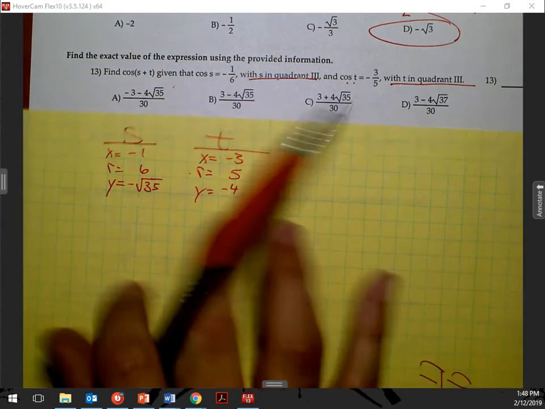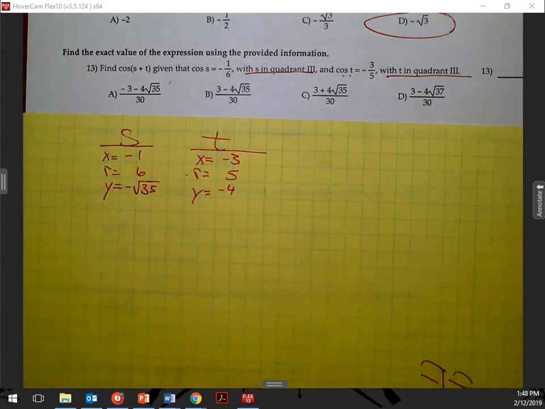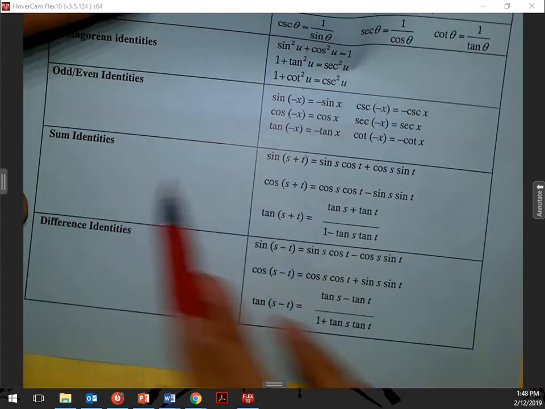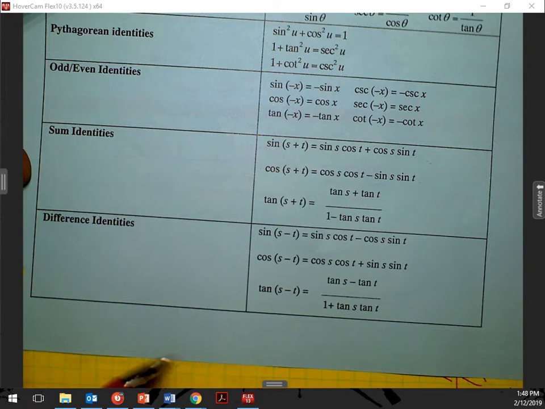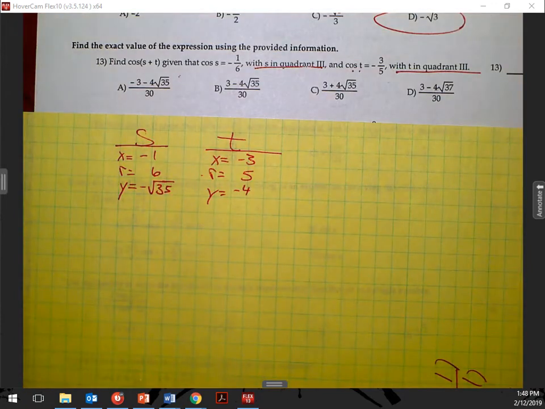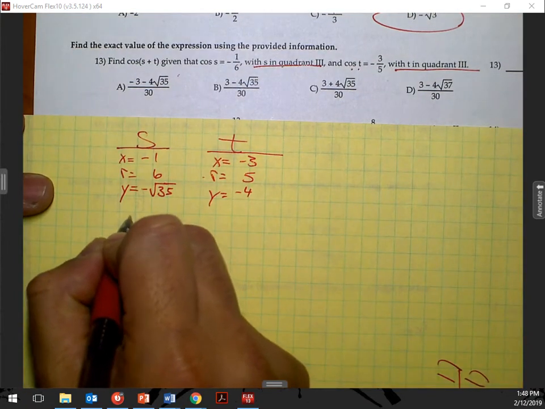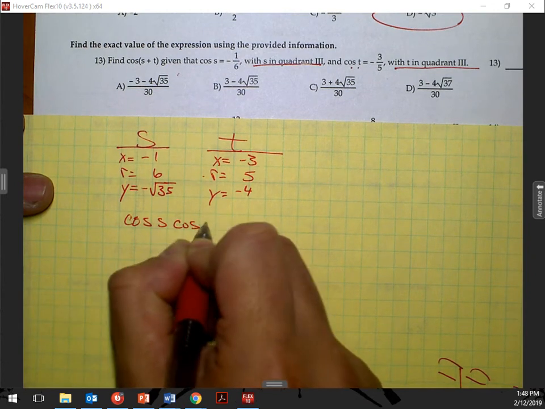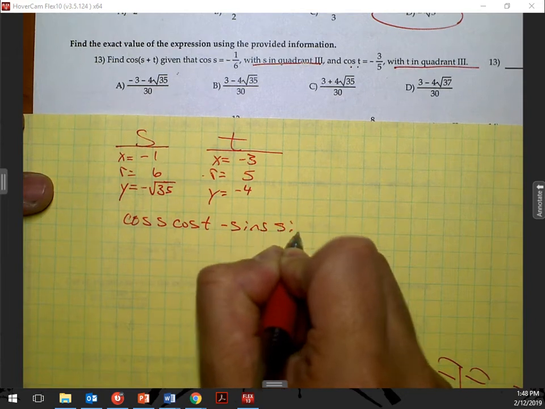So let's go ahead. We're trying to find cosine of s plus t, right? Remember the pattern on that one. It's cosine s cosine t, minus sine s sine t, right?